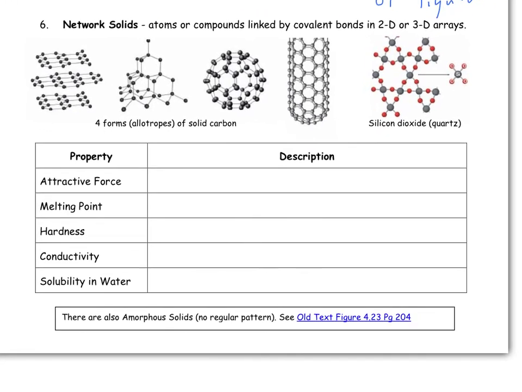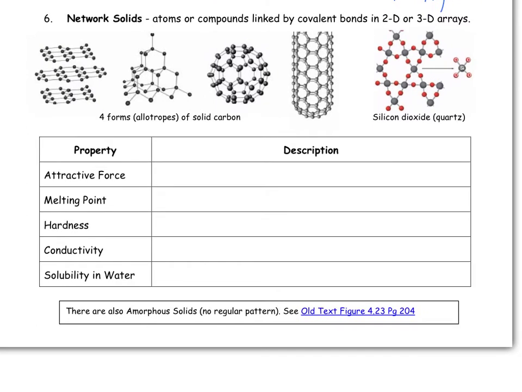The last type of solid we'll cover is known as a network solid. You make it by taking atoms or molecular compounds and linking them together using covalent bonds, and they create 3D or 2D patterns. The attractive force that you use is a covalent bond.